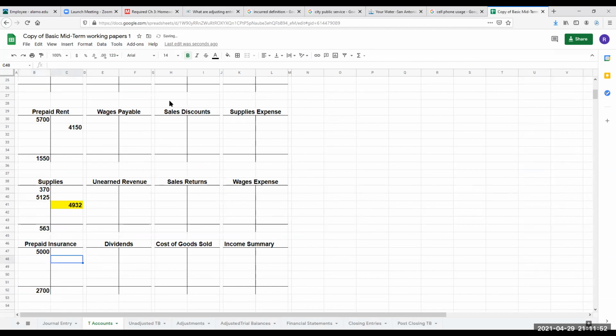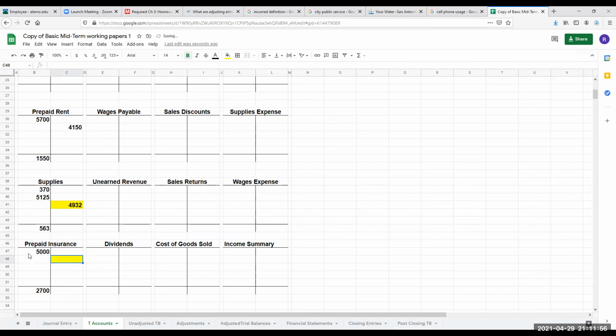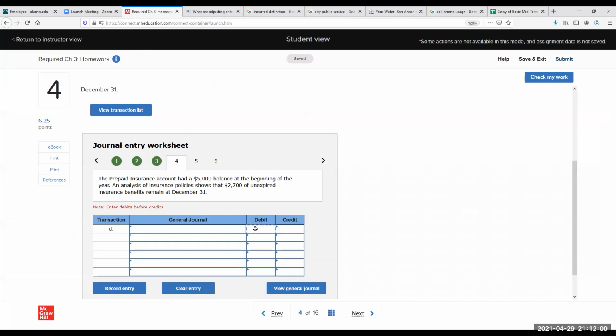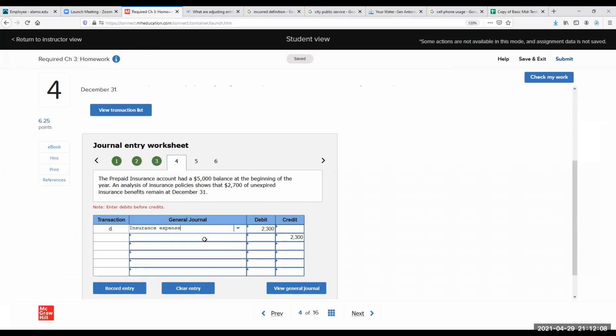So what's gone or expired is over here. It becomes an expense. So 5,000 minus 2,700 is 2,300. So the amount of expired insurance is 2,300. And the way you say it expired is you call it insurance expense. And your prepaid, the asset, is going down.